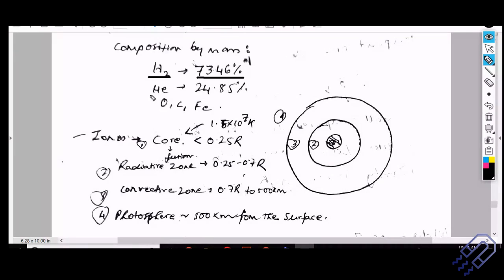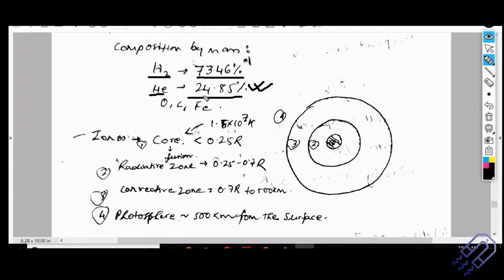And you have helium there, which is 24.85%. Most of the reactions' final resultant is helium, which you know is stable. If you remember the binding energy curve, it gives you a peak, and this stability results in the helium nuclei. So helium is quite a substantial amount.